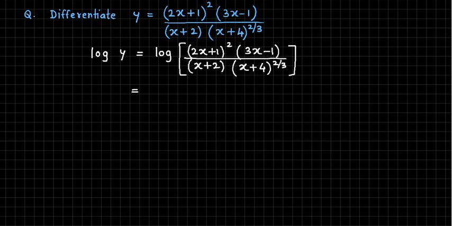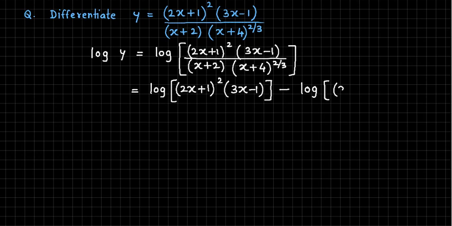So that is further equal to, now we know that log of the division is nothing but the subtraction of logs. So that is equal to log of 2x plus 1 squared into 3x minus 1 minus log of x plus 2 into x plus 4 raised to 2 by 3.